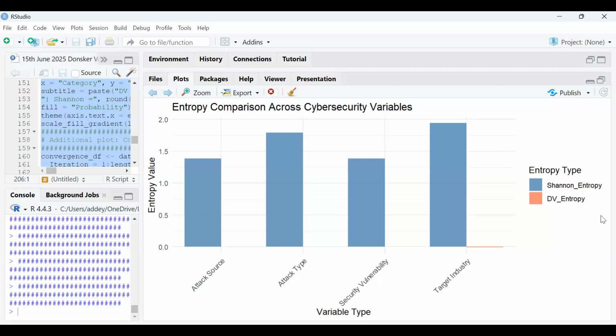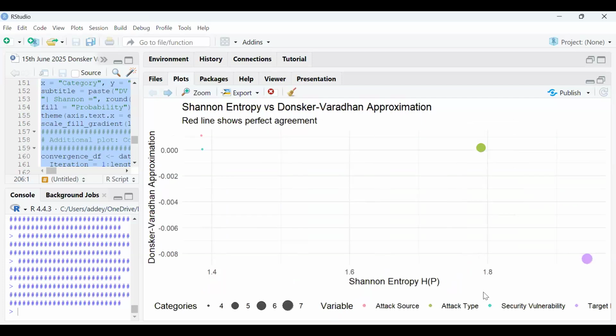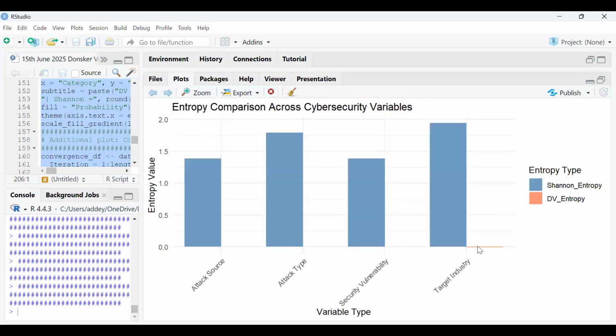If you see DV entropy, to confirm, it was negative 0.008. So that was the largest in terms of absolute value. That's why we are able to see that here. So then we can say that the target industry had the highest entropy value, for both the Shannon and the DV entropy.